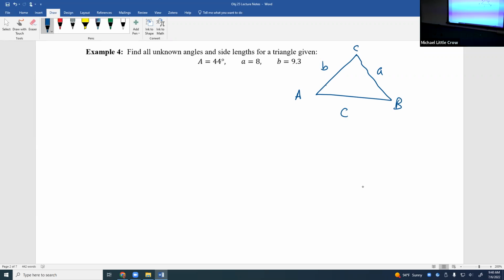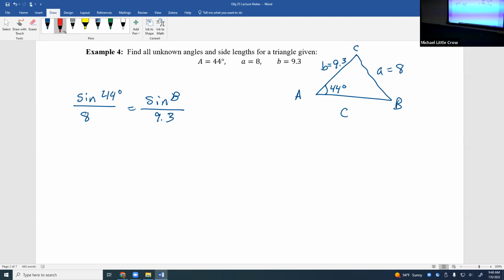And we know the angle is 44 degrees, A is 8, and B is 9.3. Okay. So the setup is pretty quick. We do the sine of angle A, which is 44 degrees, divided by its length. It's going to be equal to the sine of B, divided by its length.